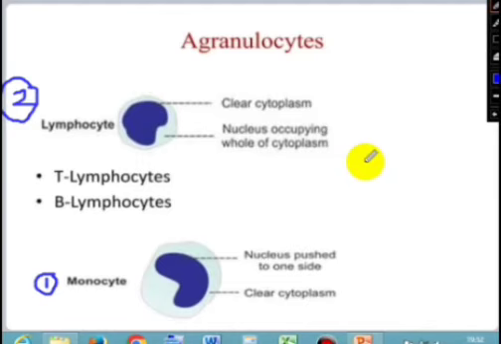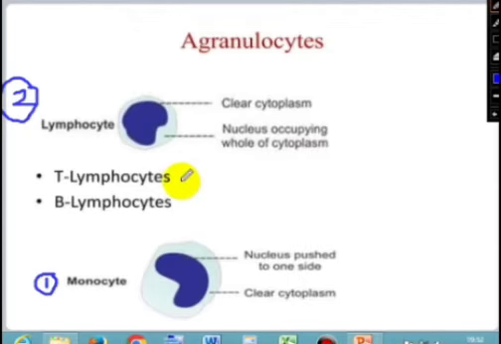Lymphocytes are also cells that lack fine or coarse granules in the cytoplasm. The nucleus is also large and occupies all of the cytoplasm. There are two major types of lymphocytes.